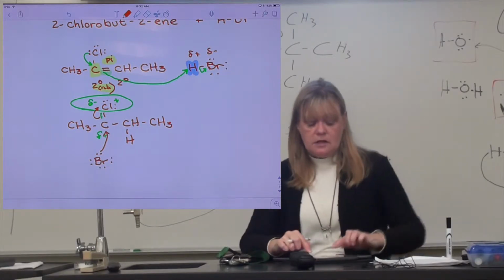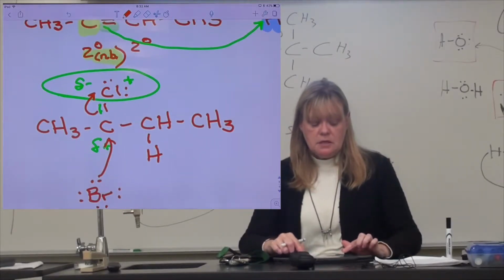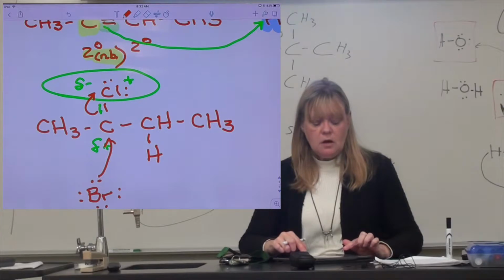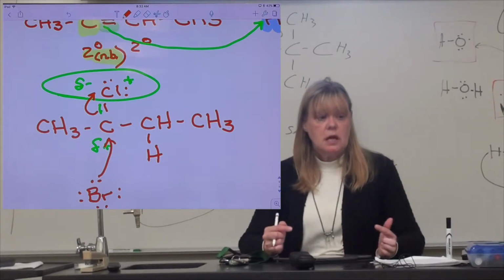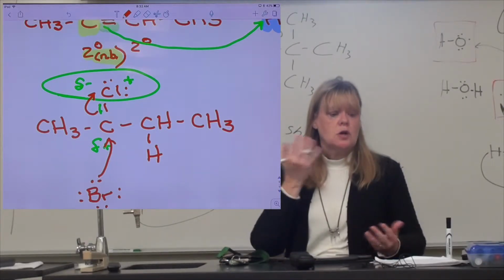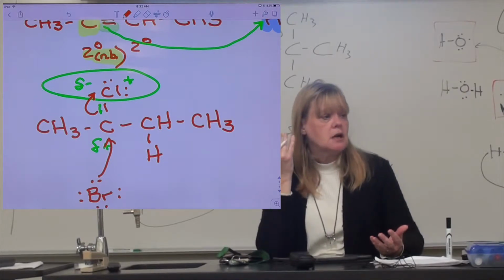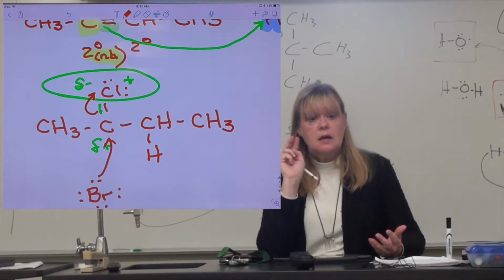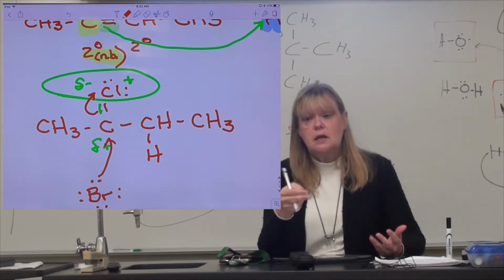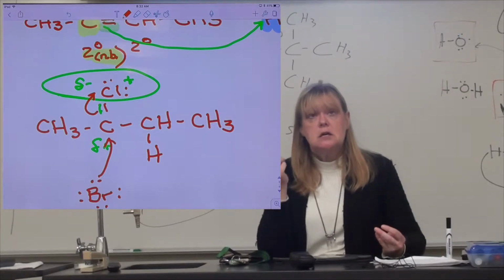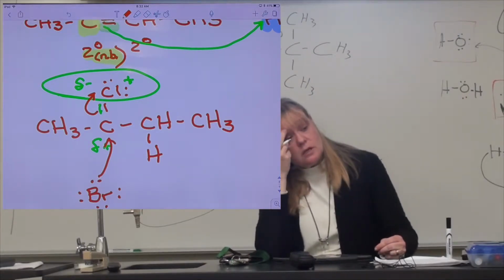Quite often I've had students who kind of buck at this idea because they feel like, well, chlorine is electronegative, so it would be withdrawing electrons, and so that would destabilize a carbocation. But the fact that it has non-bonded electrons that it can actually share is a more important feature for it.